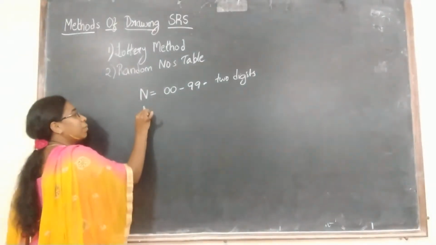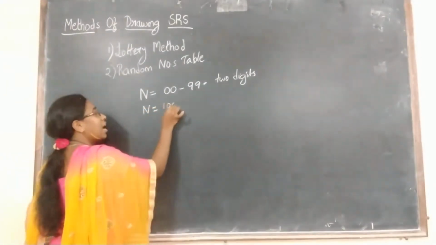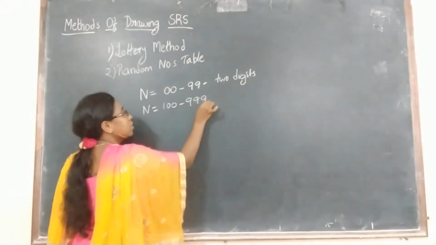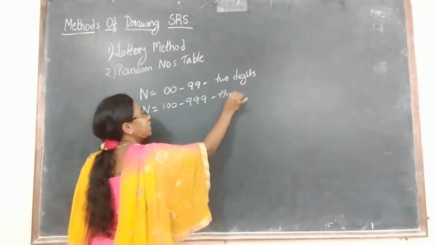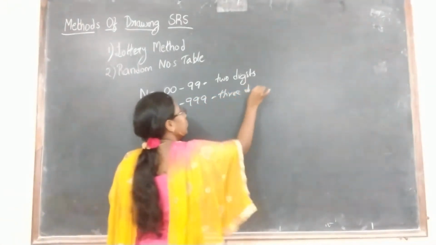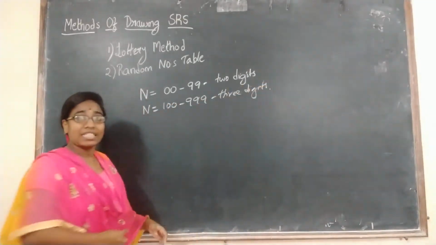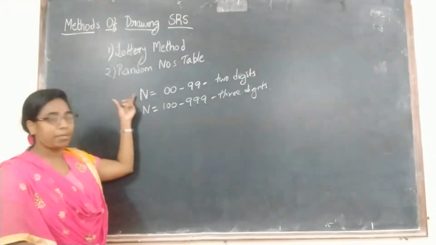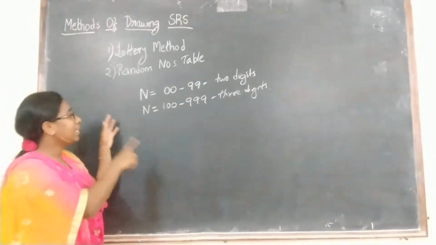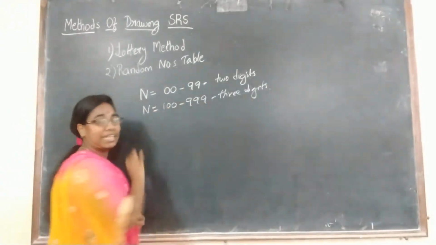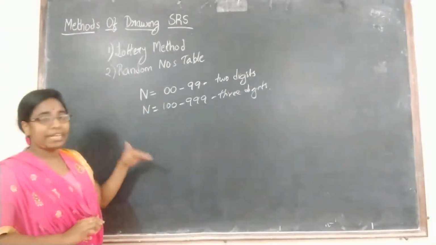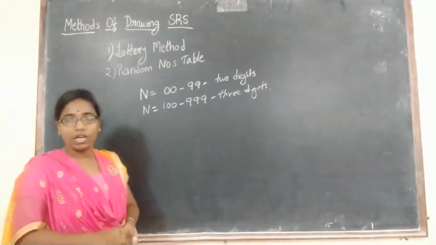Similarly, if your population is of size 100 to 999, you have 3 digits, so you select a random table with 3-digit numbers. By selecting those numbers, we will draw a sample.